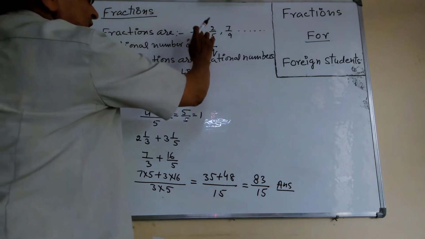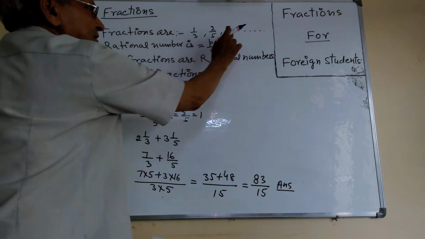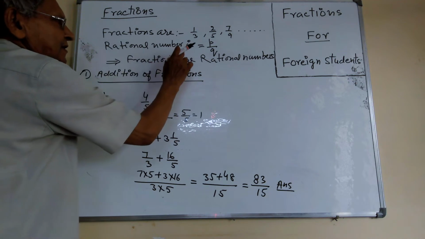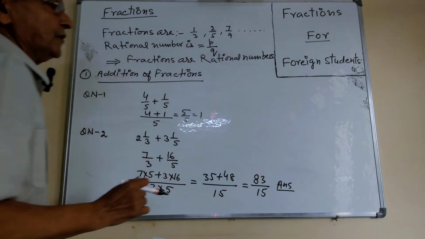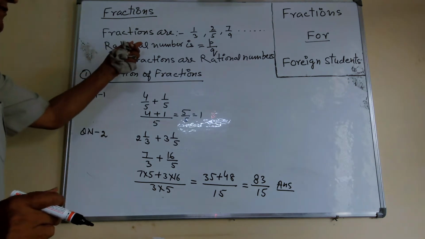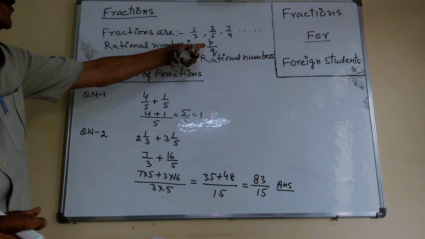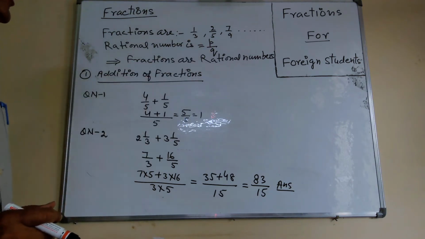All the fractions have numerator and denominator, you see here. And a rational number also has a numerator and denominator in p by q form. A rational number is one which can be expressed in the form of p upon q, where p and q are integers and q is not equal to 0.